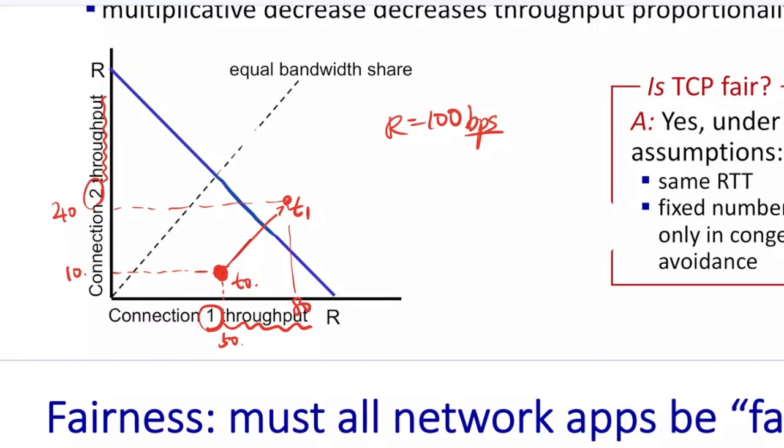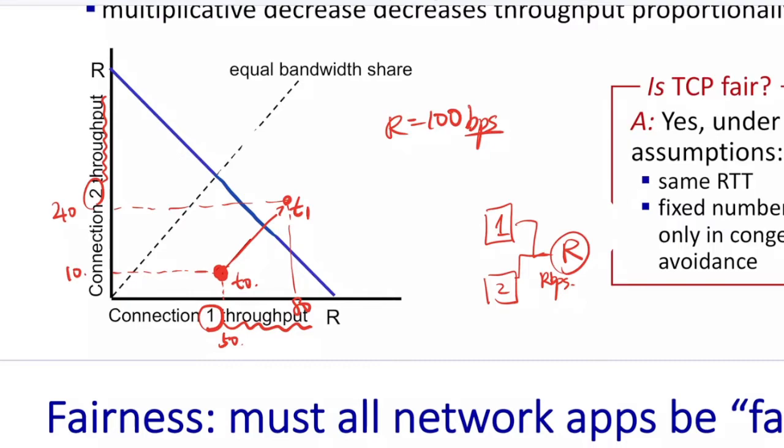But 80 plus 40 is larger than 100, so part of the packets will be dropped by the router. The network looks like this: 1, 2, R.